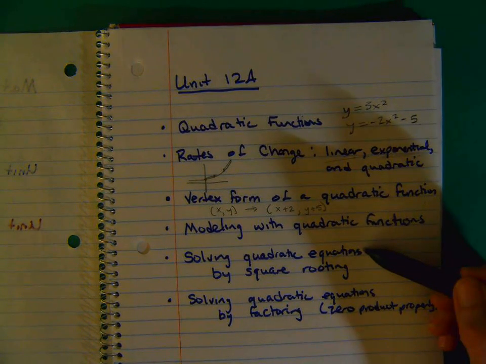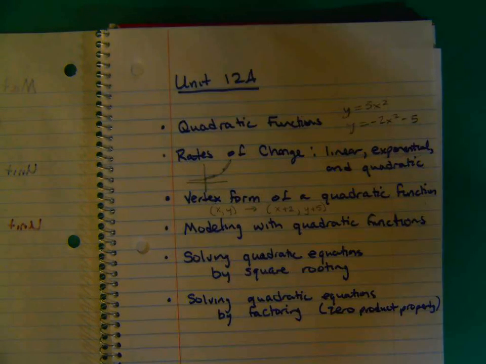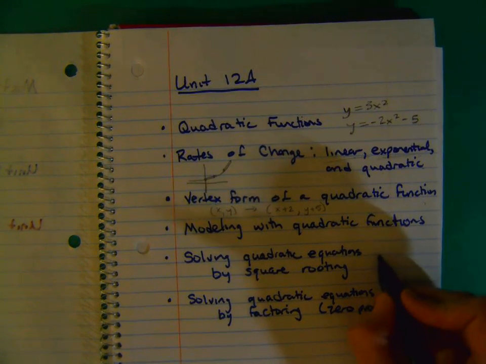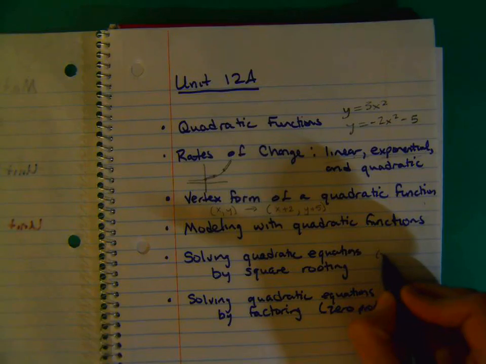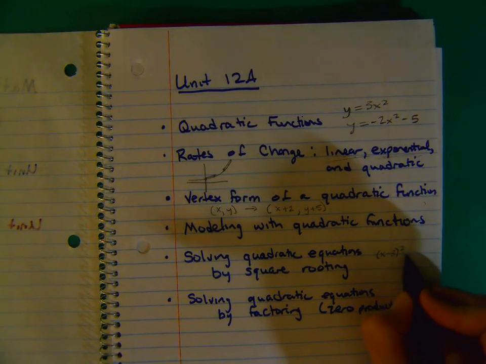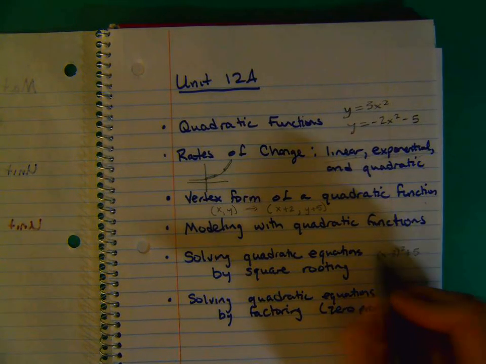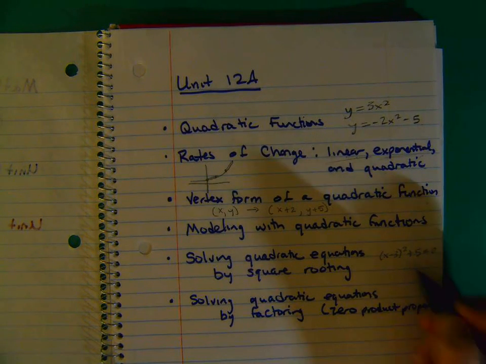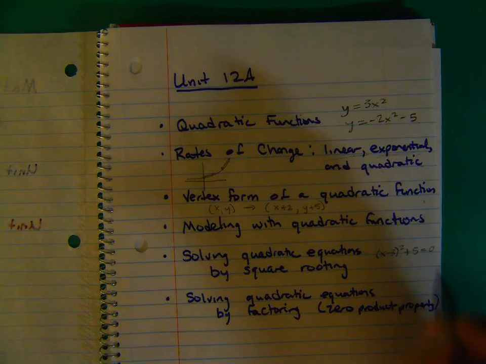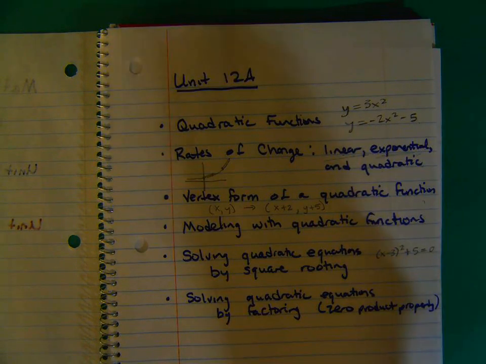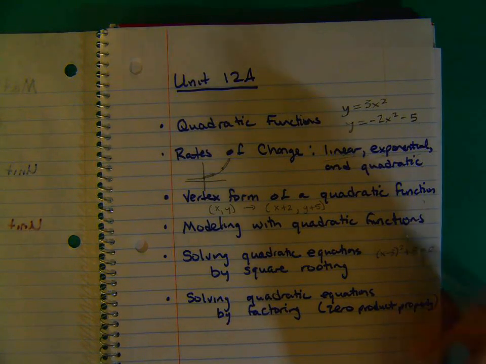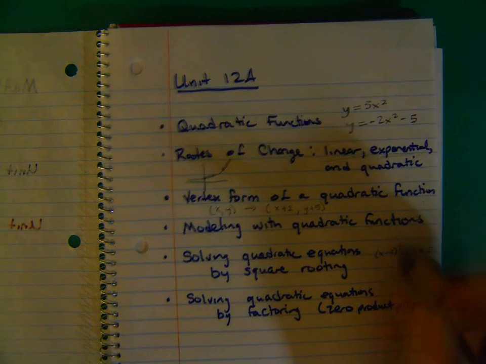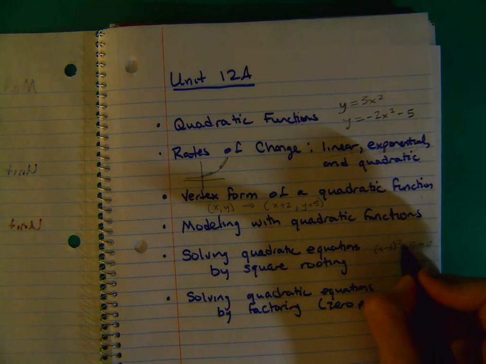Then we'll have them solving quadratic equations by square rooting. Square rooting is the most natural way when you're in vertex form. If you have x minus 3 squared plus 5, instead of y equals, if you've made that equal 0 because you're trying to find the zeros or x-intercepts, then let's make that minus 5, just to make life easier.